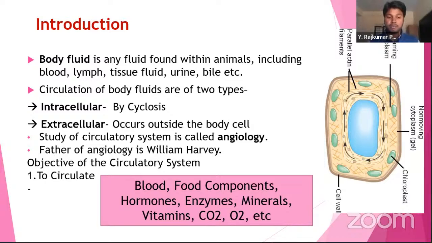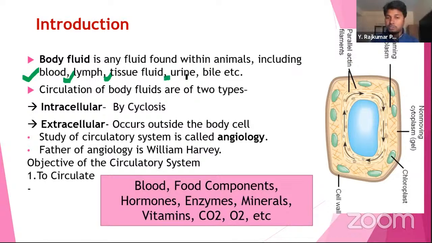What kinds of fluids are present? There is blood in the body, isn't it? There is lymph and there is tissue fluid. At the cellular level, there is intracellular fluid and intercellular fluid. Intercellular fluid means the fluid present between the cells, and intracellular means nothing but cytoplasm and all.